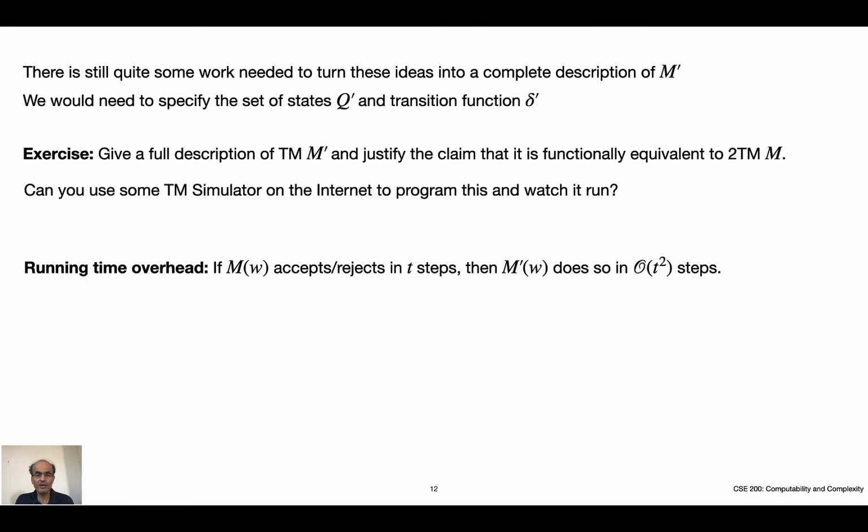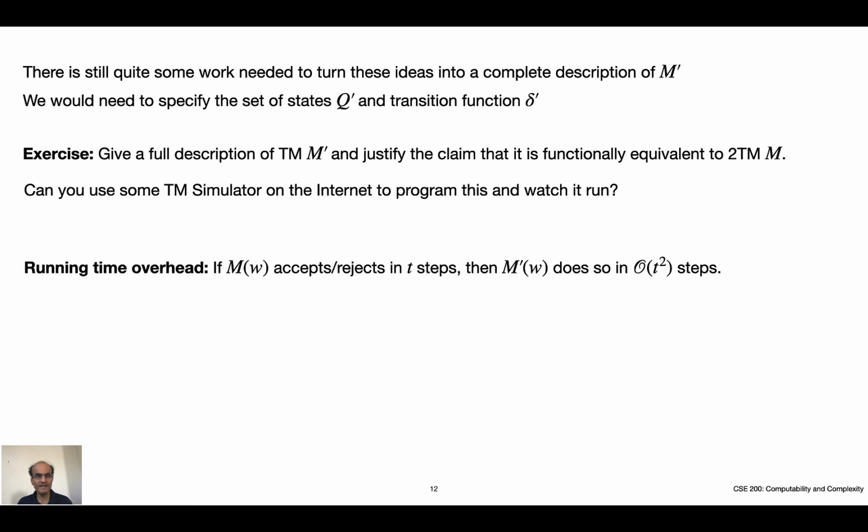One way to make this more interesting is that you could think about writing a Turing machine simulator to do this. So you would actually write code that would take as input a 2-tape machine and then show you how the 1-tape machine works. For example, last time we saw that there is code for internet Turing machine simulators out there.